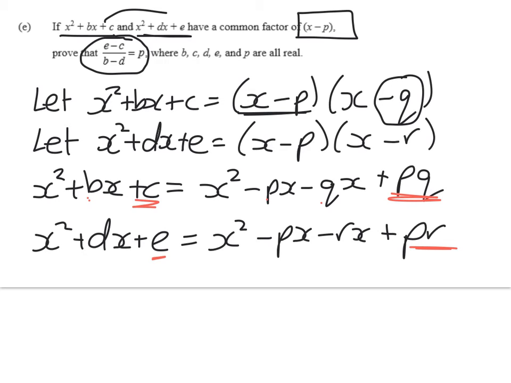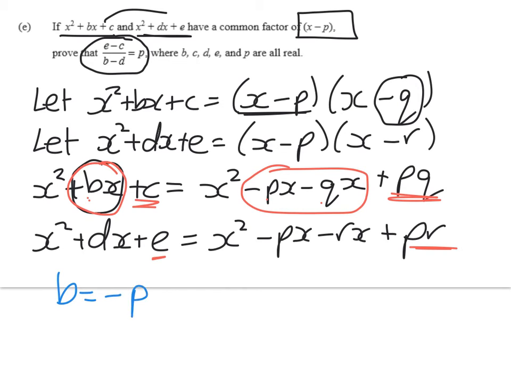Right, so what does that give me? Well, what can we say about b? Well, b has to be the same as that coefficient there. So we get b is equal to negative p minus q. What about c? Well, c here has to match up here, so c must equal pq.